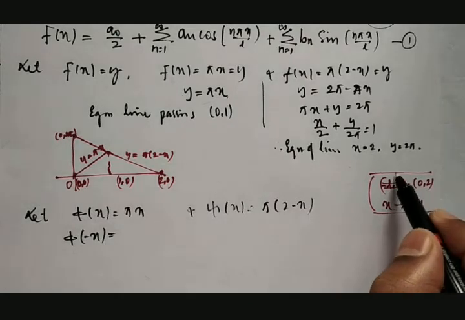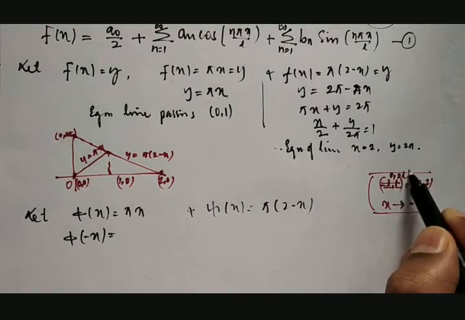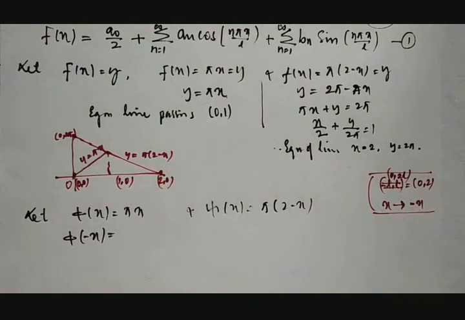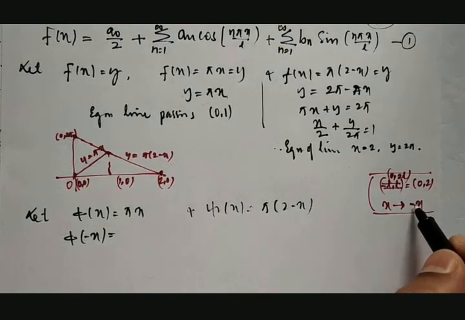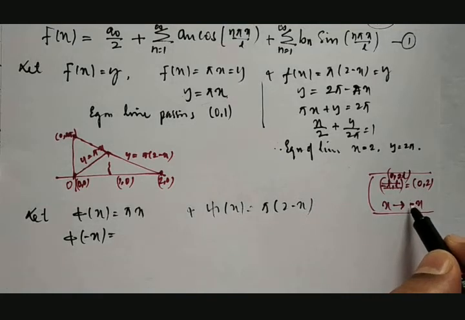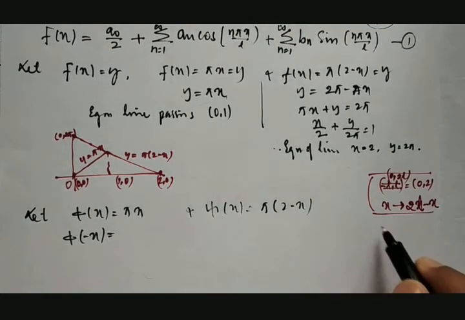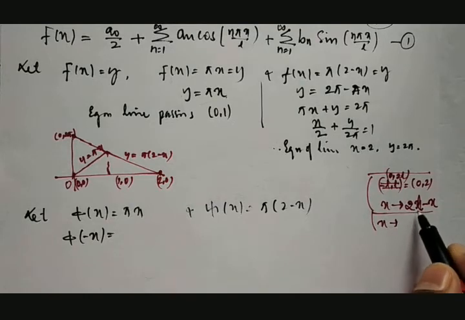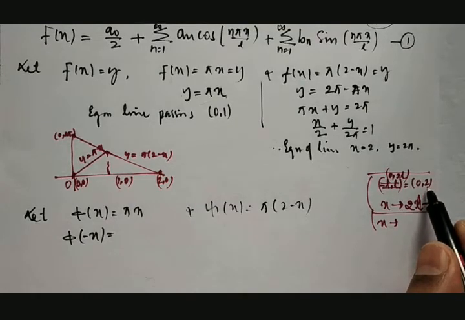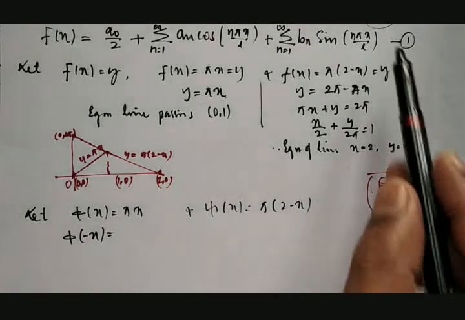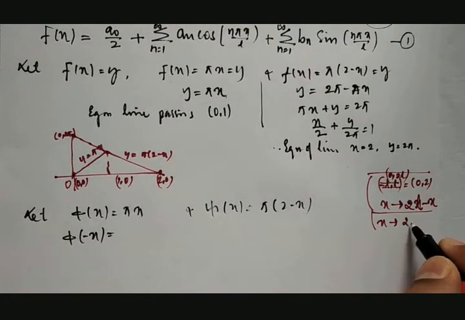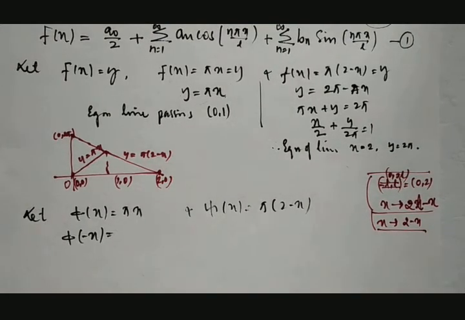It starts from 0, so it will be taken as 0 to 2L. Then x will be replaced by 2L minus x. But what is L? L is equal to 1 here. Therefore, it will be a 2 minus x replacement.